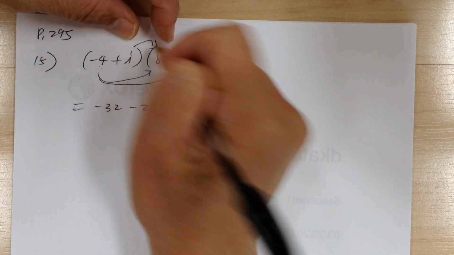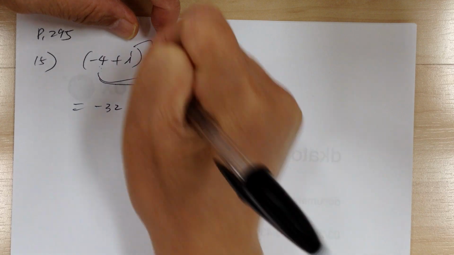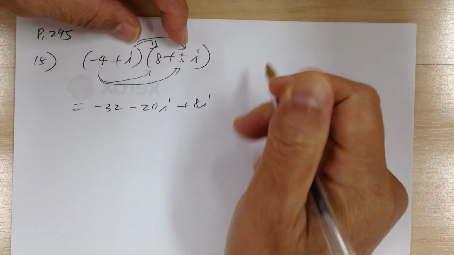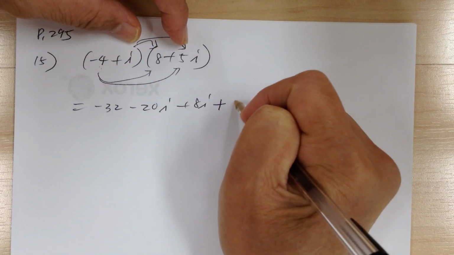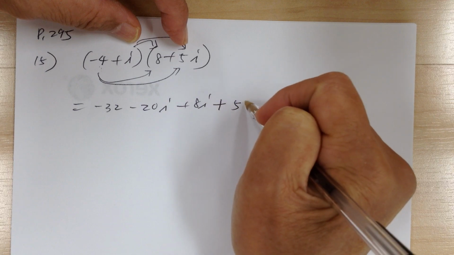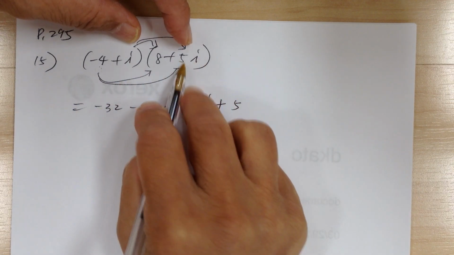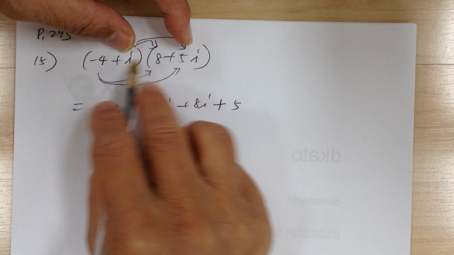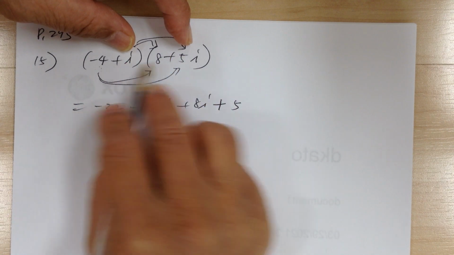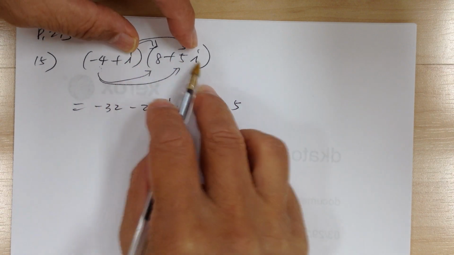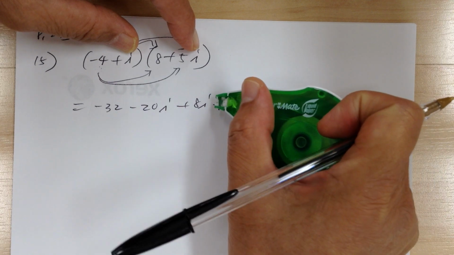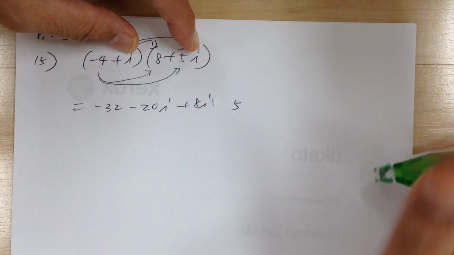You multiply, so you get plus 8i, and you multiply, so this is plus 5i squared. Positive times positive gives you positive, 1 times 5 gives you 5. Now i times i is negative 1, so this becomes minus 5.